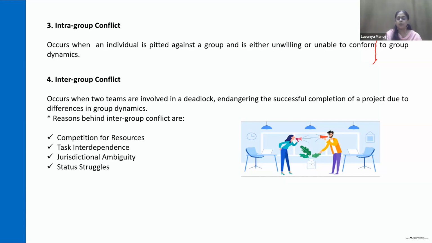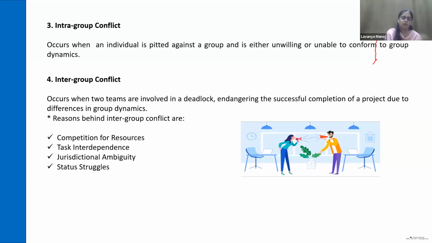So we have four types. The first one is intra-individual, that is intrapersonal, the conflict between an individual and the organization. It is not a typical fight. It's a conflict in perception, conflict in ideas.